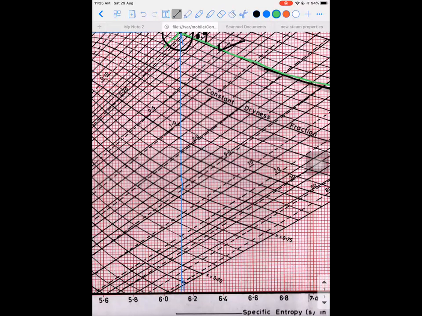This is the one, not this. So, whatever the value you have got between 6 and 6.2.